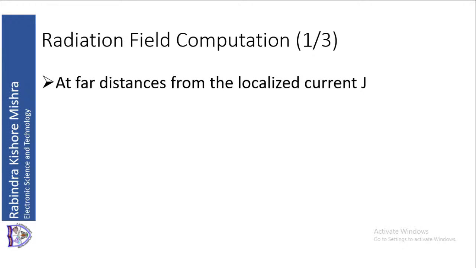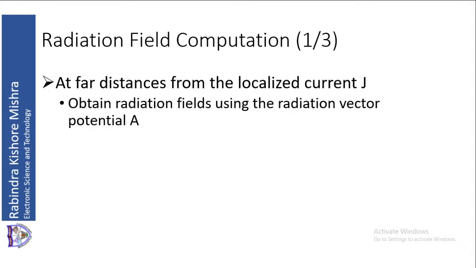It is not a moving current. At that one point, the current is J. Localized means it is fixed at one point. It is time varying, but the location is fixed. From that point, at a very far distance, we are going to compute the radiation field.